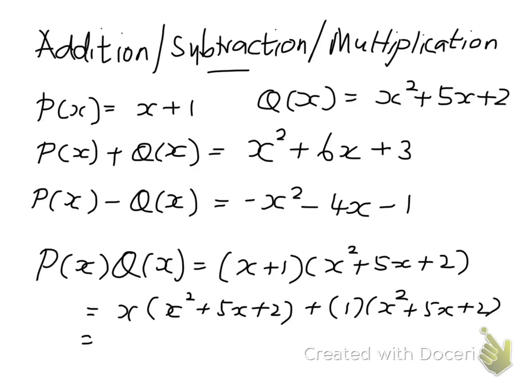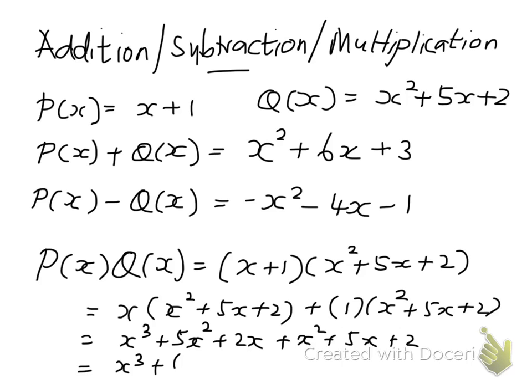So you would have x cubed plus 5x squared plus 2x, plus x squared. Altogether, it will be x cubed. How many x squared are there? 6x squared. How many x? 7x. Constant.